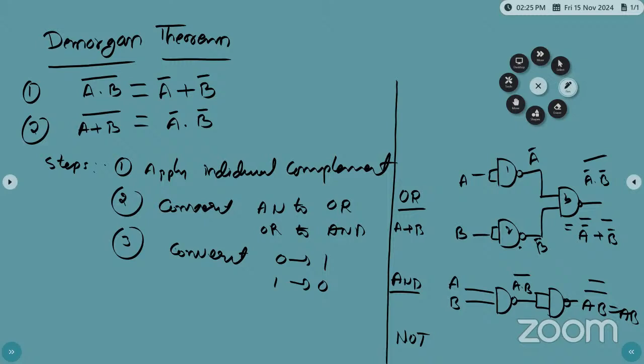Now complement of complement gives the original. For example, 0 complement is 1, and 1 complement is 0. So if you apply complement two times, you will get the same value. Simply you can write it. Now what is the final expression? So now the OR gate is replaced by three NAND gates arranged in this way.